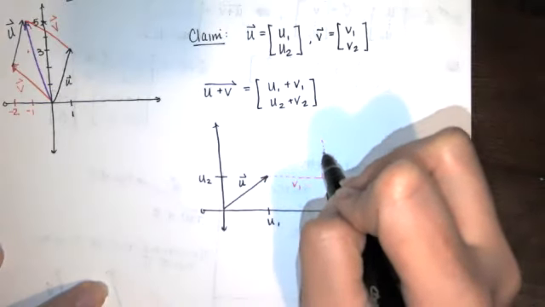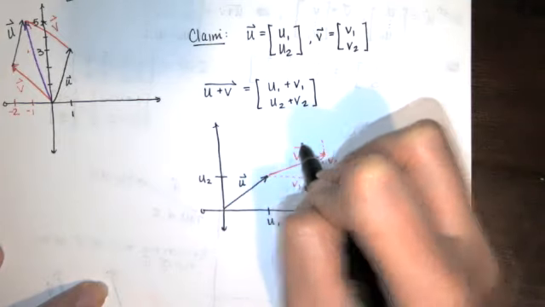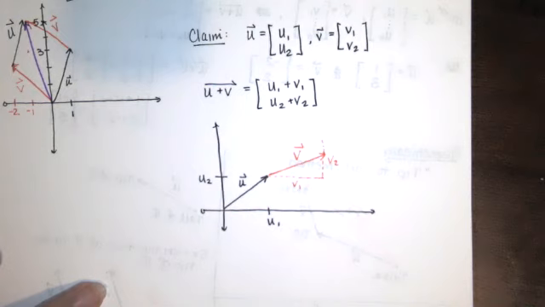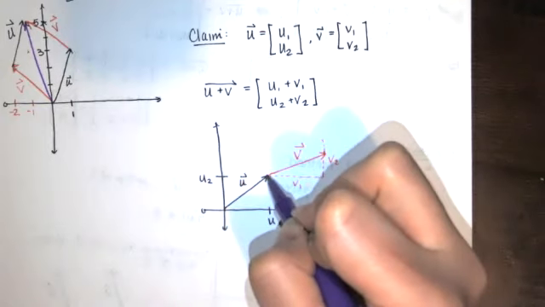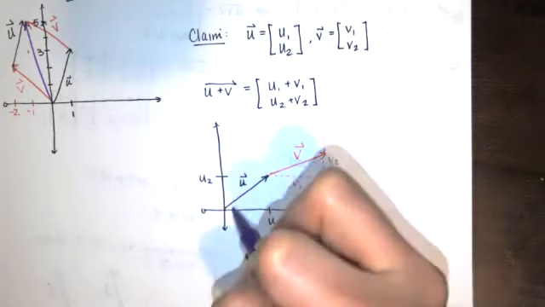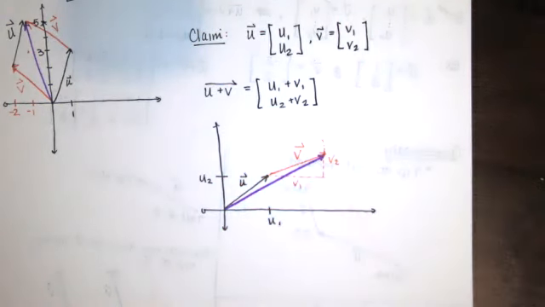Actually, let's make that a little bit shorter. Maybe that's our vector v. If I'm adding tip to tail, it's like I go from here to here, then I pick up where I left off, I go from there to there. Then u plus v is the vector from there to there.